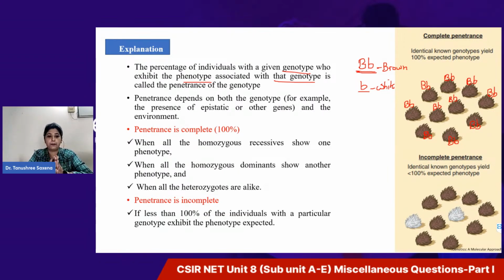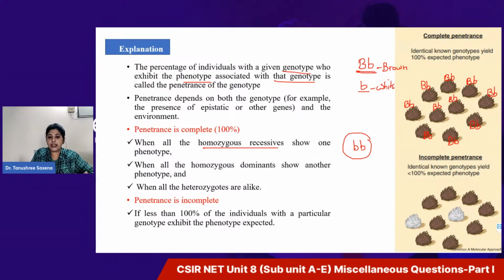Penetrance is complete, right? So if individuals with a homozygous recessive genotype all show their particular phenotype, penetrance is 100%.